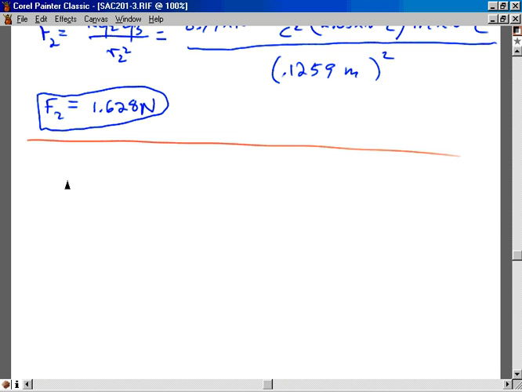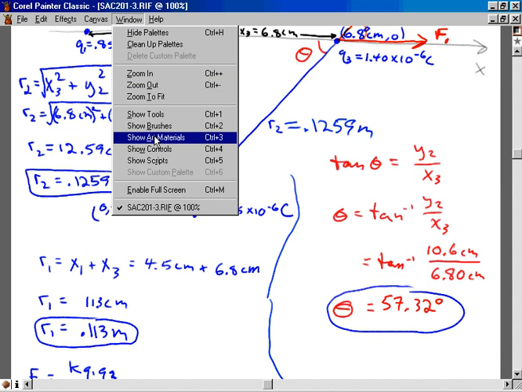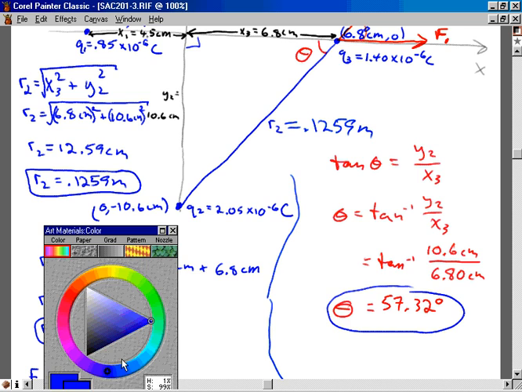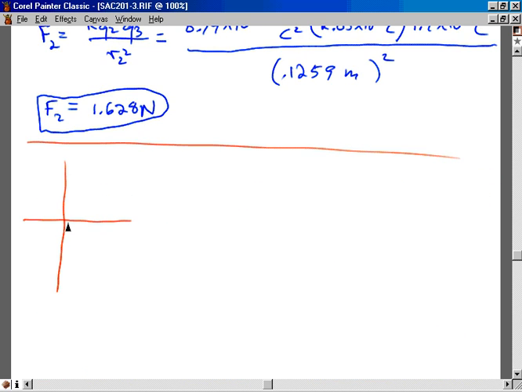Draw the vector component diagram for F1. Here's F1.